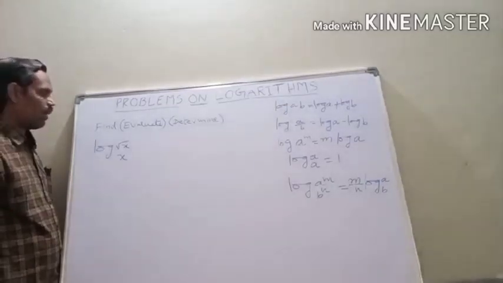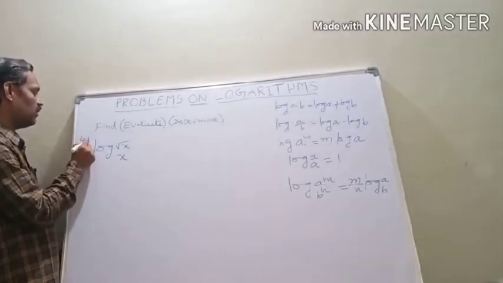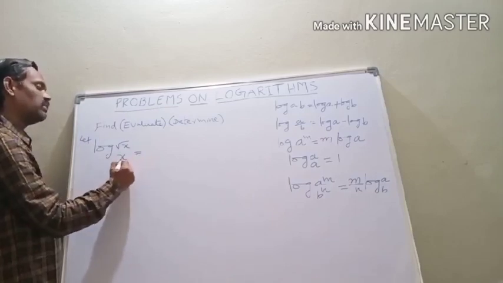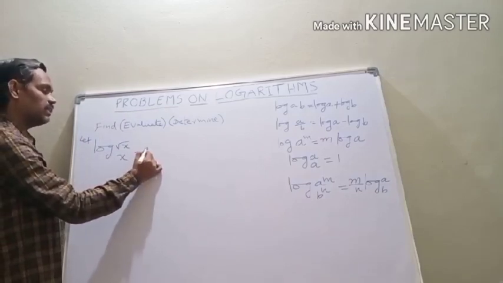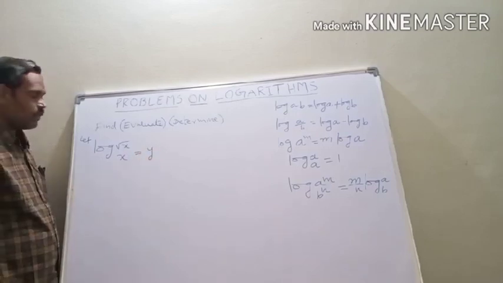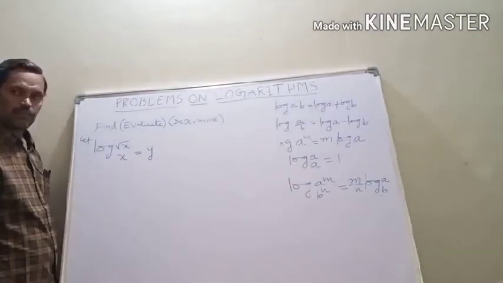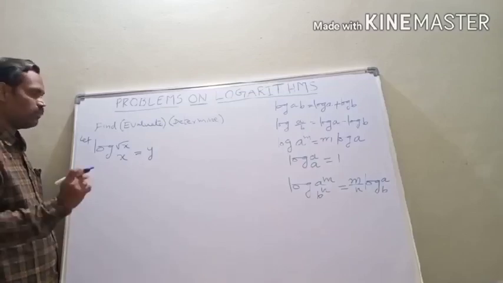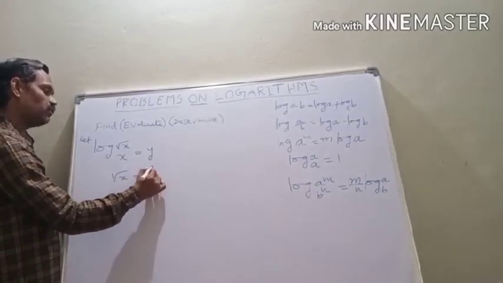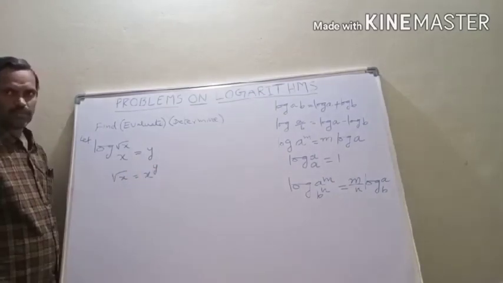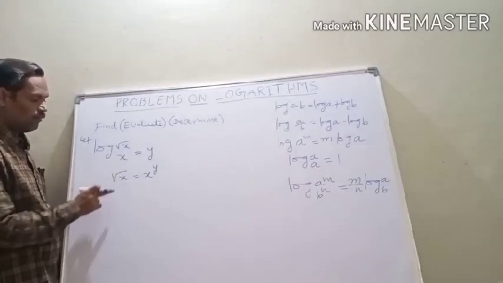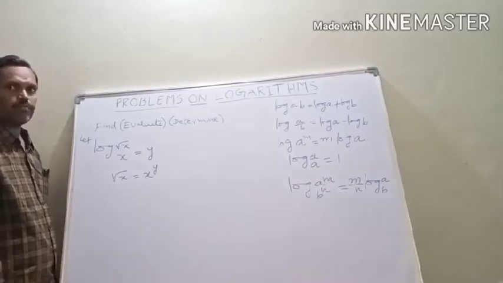Let us consider log root x base x is equal to, you take some other variable, that is y. Now you transform the logarithmic form into exponential form, you will get root x is equal to x to the power of y. So the RHS is exponential form, whereas the LHS is in radical form.